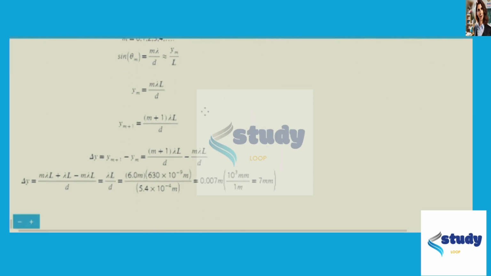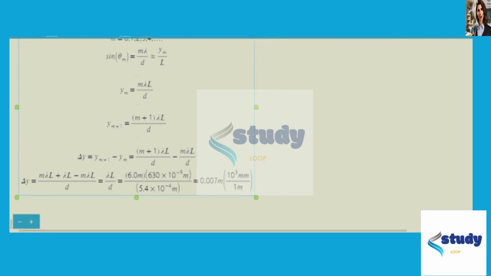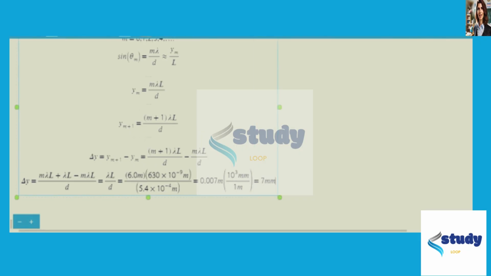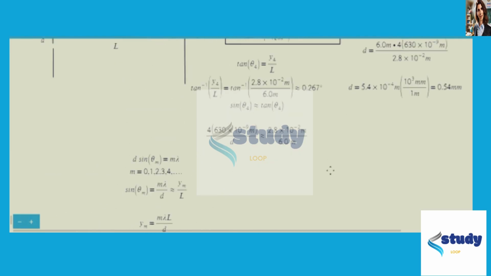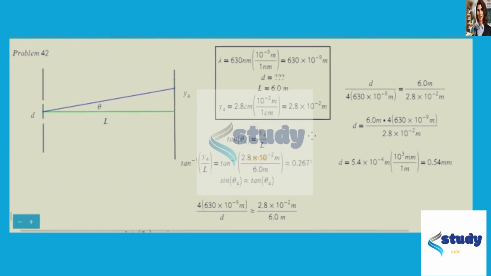And that's what we get about that interference pattern on the screen. Actually, let me change this because that's not right. This is right. Okay, so yes, that separation delta y is equal to 7 millimeters there. So this concludes problem 42.